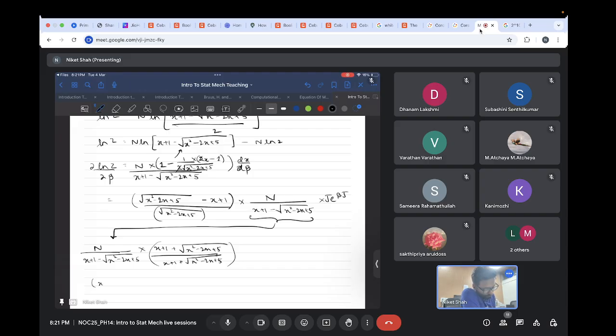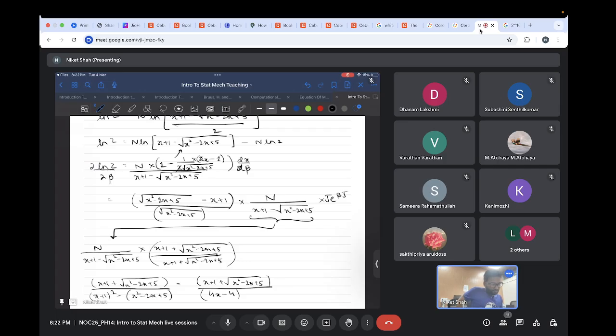So x plus 1 plus square root of x square minus 2x plus 5, divided by x plus 1 the whole square minus x square minus 2x plus 5. The numerator remains the same, but in the denominator x square minus x square goes away. There is a 2x and there is a 2x, so there is a 4x. There is a plus 1 and minus 5, minus 4.